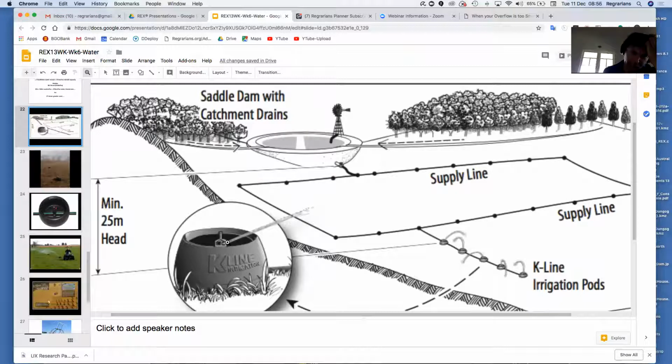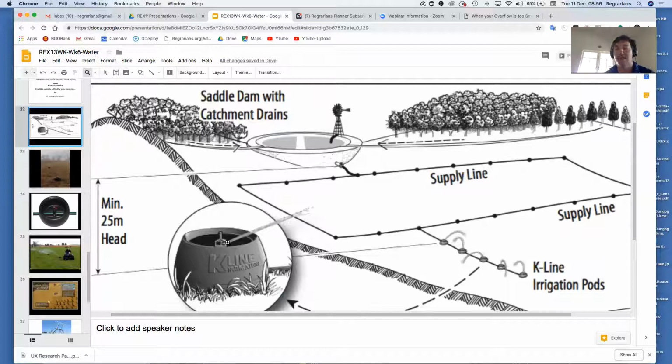I had a two-hour conversation with Joel Salatin the other morning, because we were talking about a new program that we're doing, and I introduced him to the K-line system years ago, and so he's got it at Polyface Farm now.